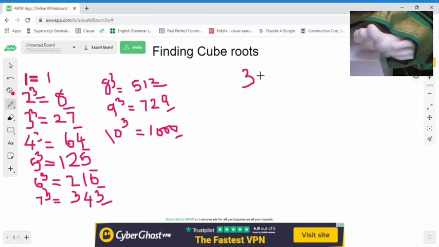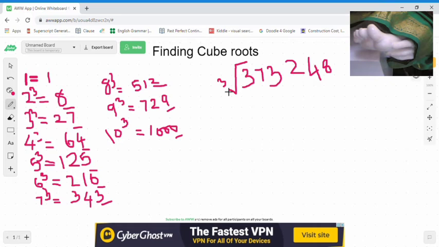So I'm considering this number, 373,248. This is the number for which I have to find the cube root. This is a big number. Generally, we would use the prime division method, where whatever number is repeated 3 times, you group it.